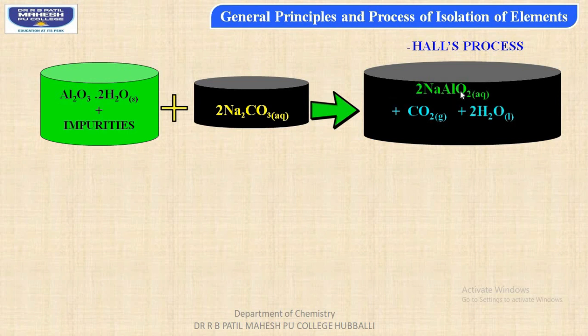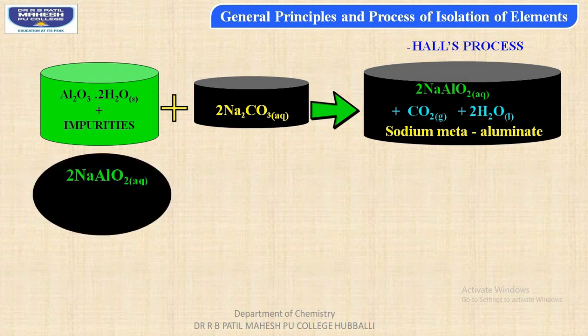As you know, sodium meta-aluminate is water soluble, so it would be dissolved in the water itself, whereas impurities, once again, are insoluble in the water. They would be settling as a residue at the bottom of the reaction mixture. Very easily we can separate that residue from the solution.